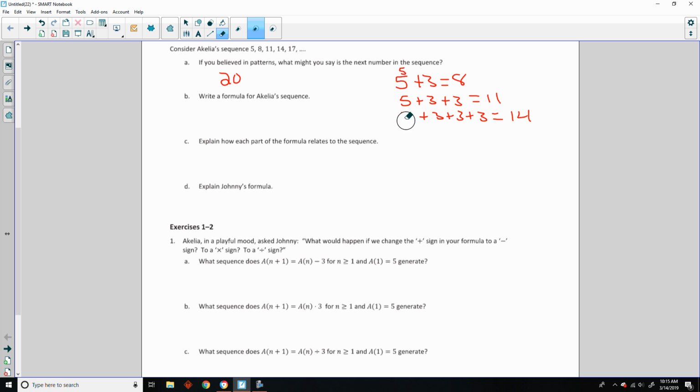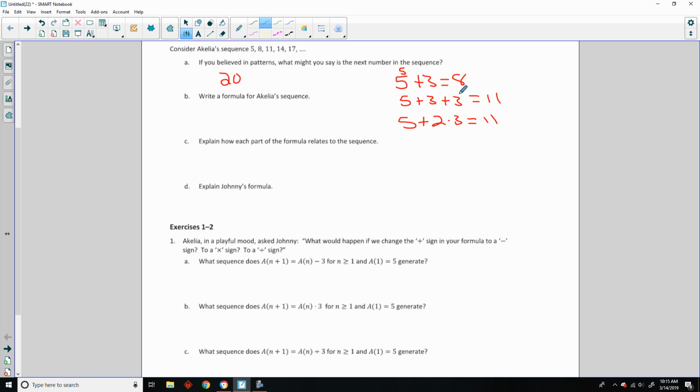But if I go back to this level here, I can rewrite the 5 plus 3 plus 3 as 5 plus 3 times 2, which equals 11. Okay, or actually it'd be 2 times 3. Does it matter?